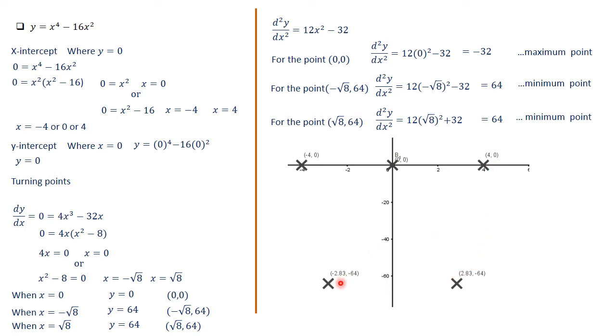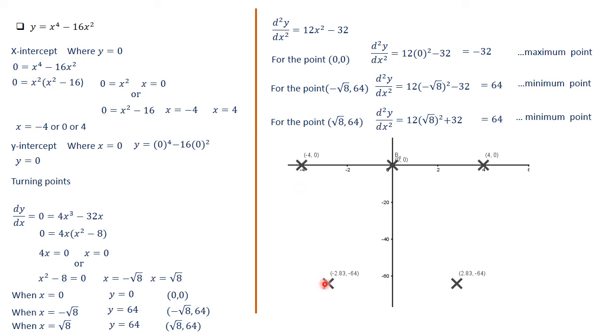Besides, the point negative root 8, 64 is down here, and positive root 8, 64 is down here again. Therefore, they are minimum points, yes.